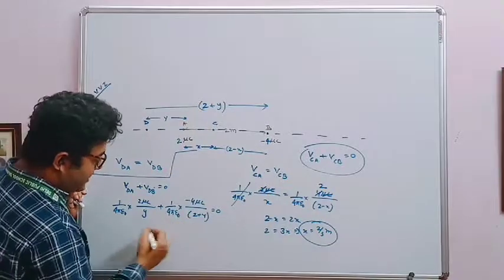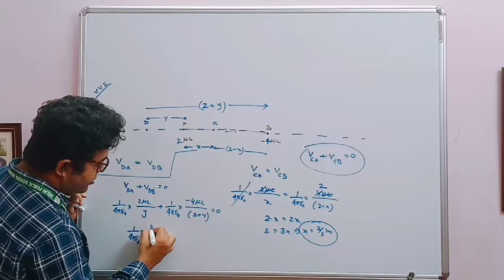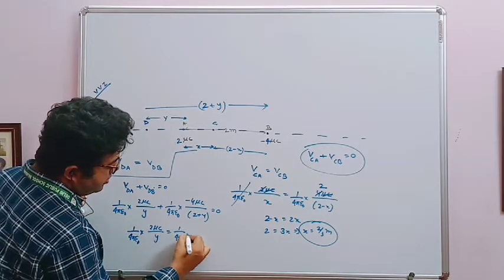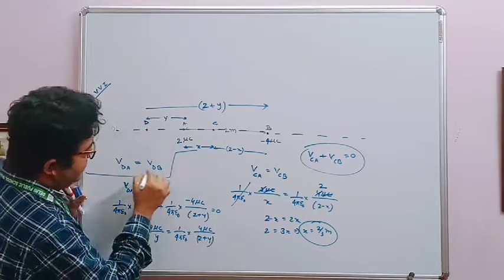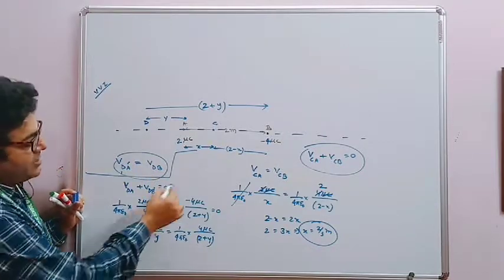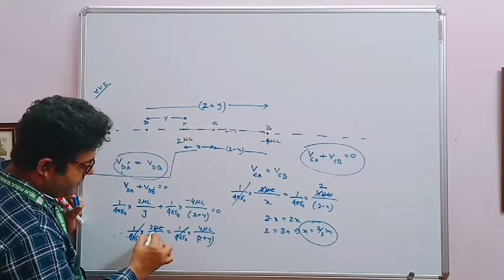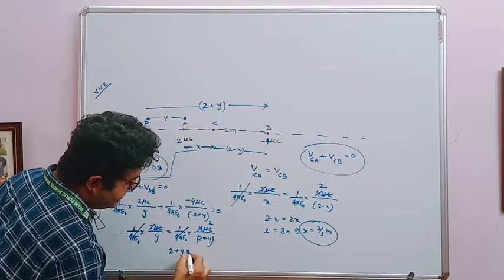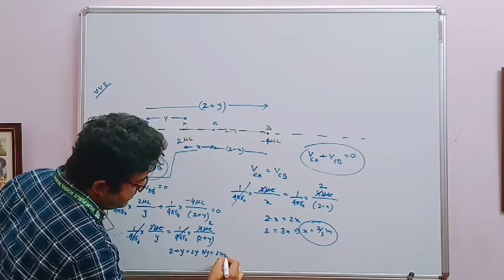Now if you move to that side, what happened? 1 by 4 pi epsilon naught, 2 microcoulomb by y, equals 1 by 4 pi epsilon naught, 4 microcoulomb by 2 plus y. See, you get the same answer. You can directly write it, which means you just jump two lines, and in that case 2 plus y is 2y, which means y equals 2 meter.